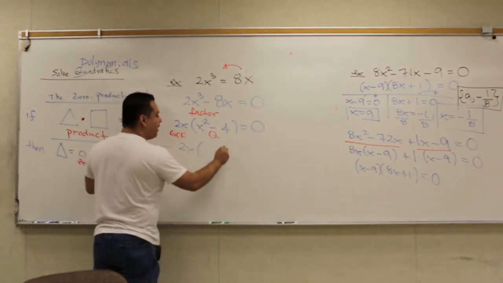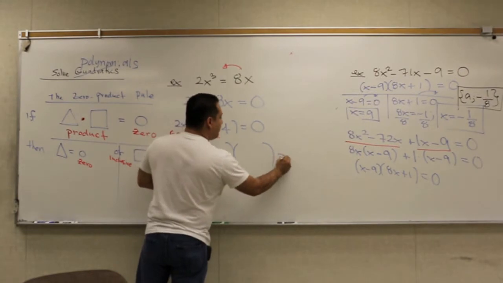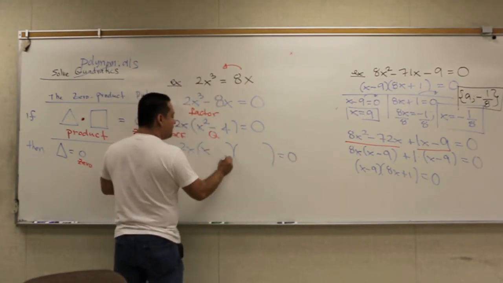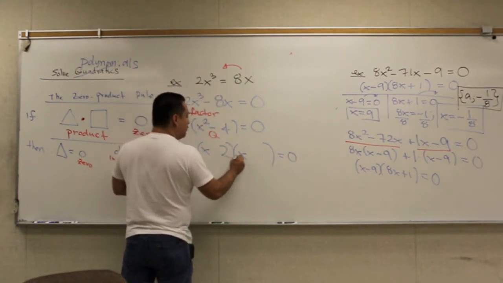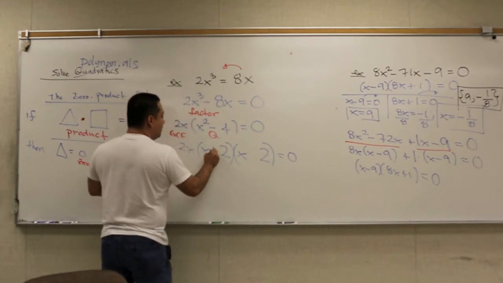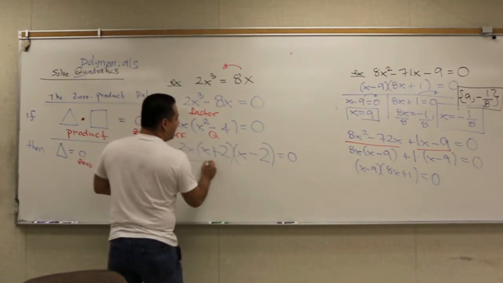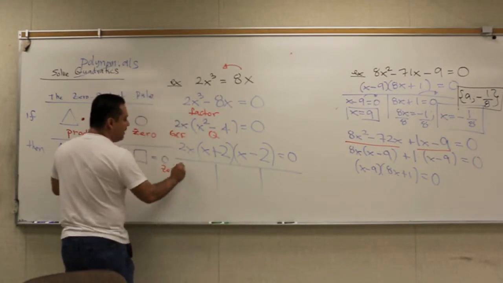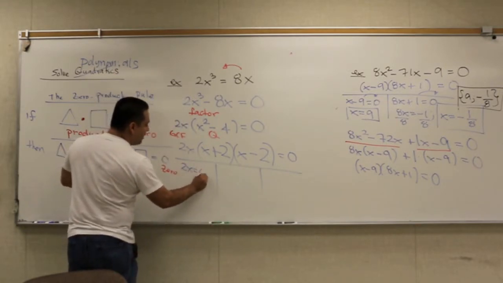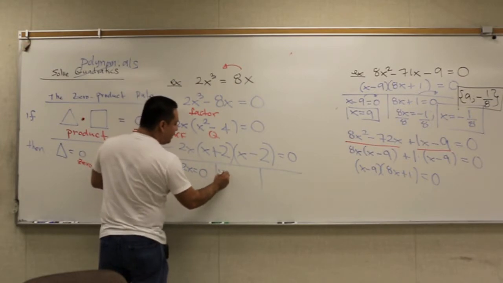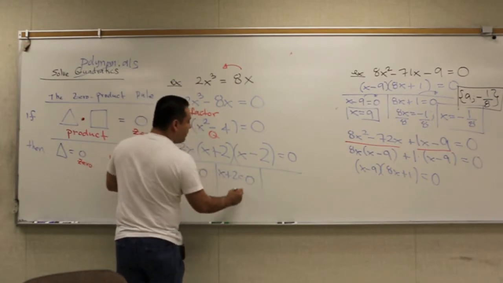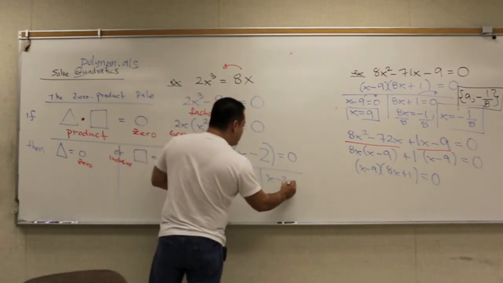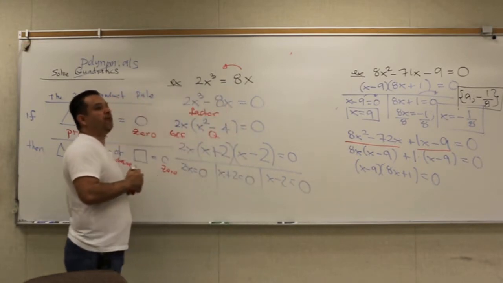They're both perfect squares. So that's how you know. So you have x, 2, what? Plus and minus. Okay, you okay with this? What happens now? What does this mean? It means 2x is 0. It means what? x plus 2 is 0. It means what? x minus 2 is 0. You got 3 linear equations to solve.